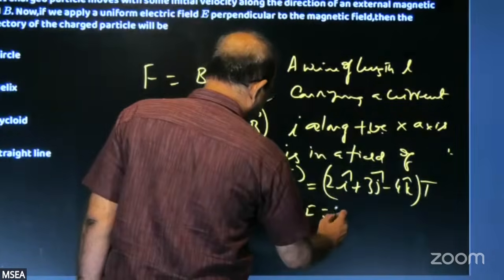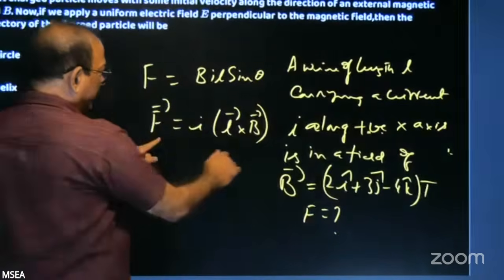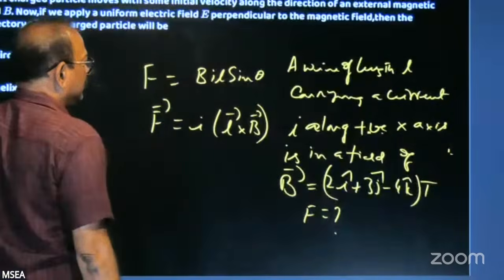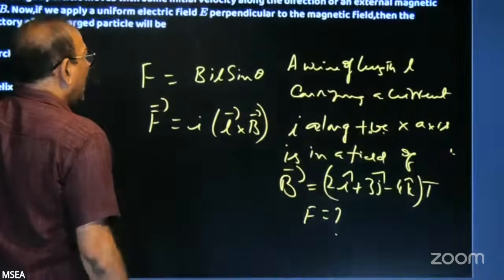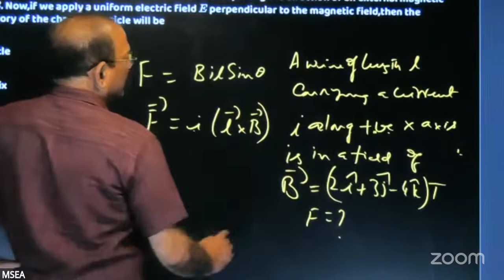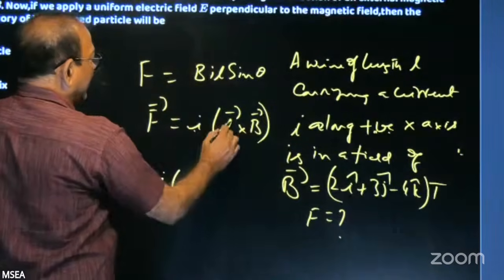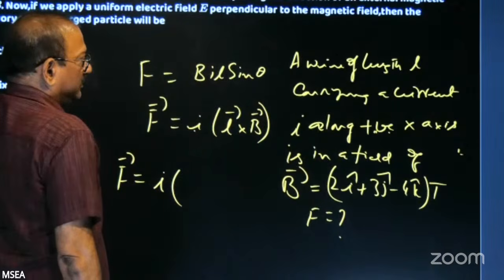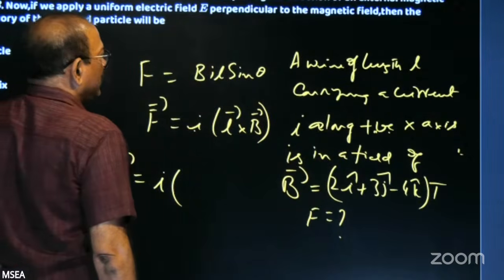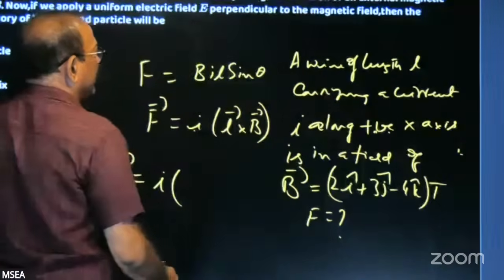Find the force acting on this wire, they're asking. This vector form you have to apply. How to apply this vector form? I is given. L bar, what is L bar? The length of the wire is taken as a vector here.